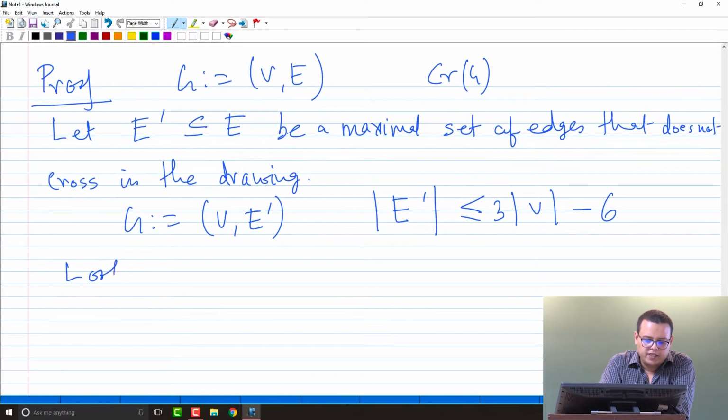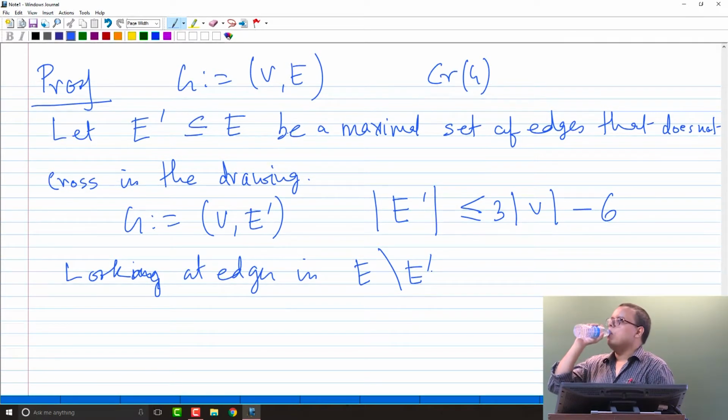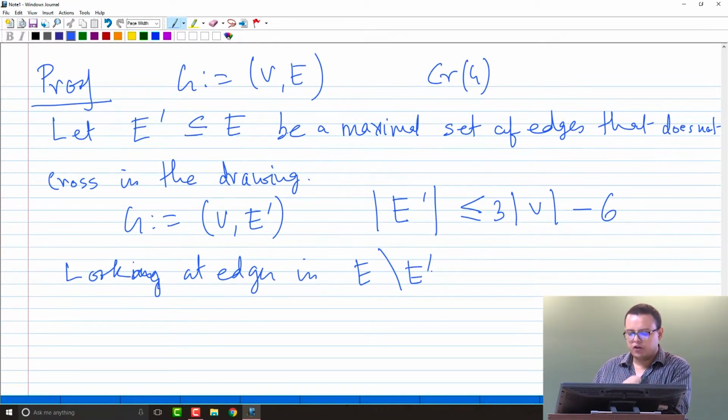Now, look at the edges in the complement of E prime, the edges in E minus E prime. My claim is each edge from E minus E prime will intersect at least one edge from E prime by construction. Why? Because E prime was the maximal set of edges, a subset of E, that were not crossing.